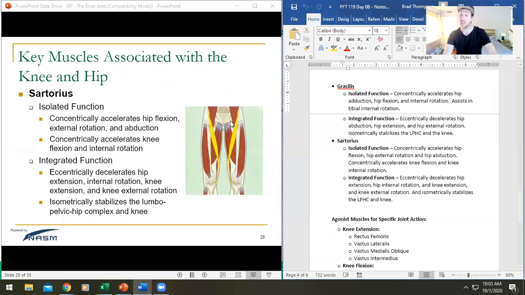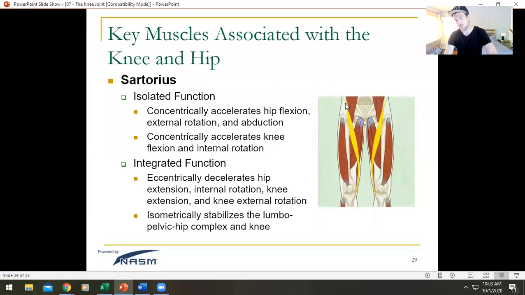And then the longest muscle in your entire body, this is your sartorius. Longest muscle you've got. And it is going to run from the ASIS, so already you know it's going to be a hip flexor. And it's going to run all the way down and insert to the same spot as the gracilis. So it actually crosses all the way over. This thing's like a freaking whip. It's hugely long.